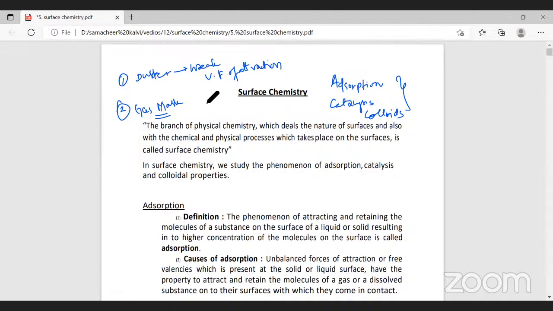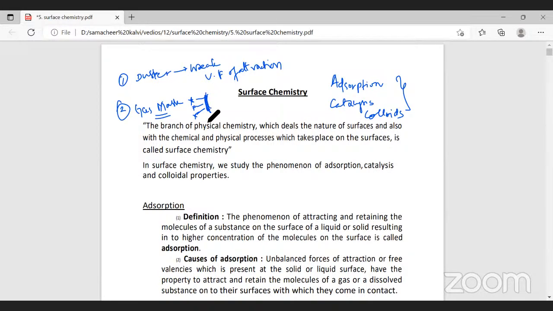If I say this is the surface of the gas mask or the activated charcoal, all the poisonous gas will get adsorbed on the surface. There is a strong chemical bond between the poisonous gas and the surface of the gas mask.